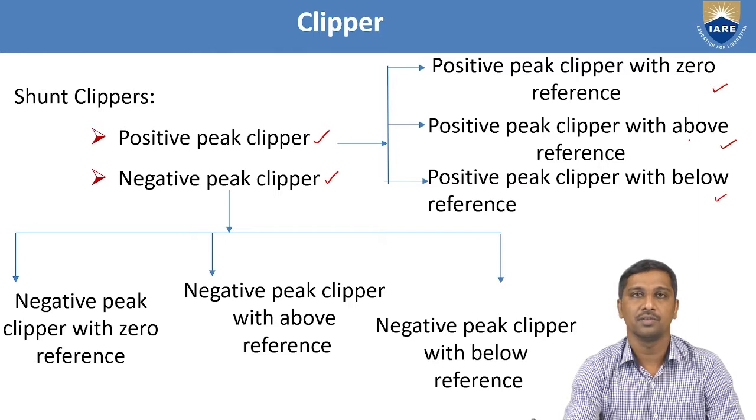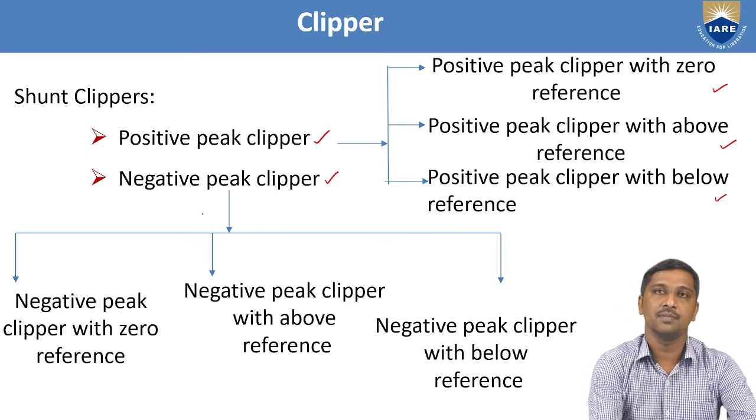If we connect a positive DC voltage across the diode, the circuit is called a positive peak clipper with above reference voltage. If the diode is connected along with a negative DC reference voltage, the circuit is called a positive peak clipper with a below reference.